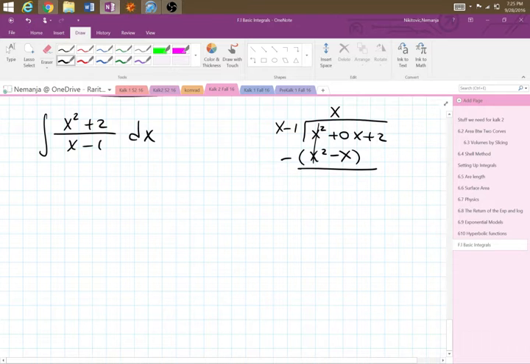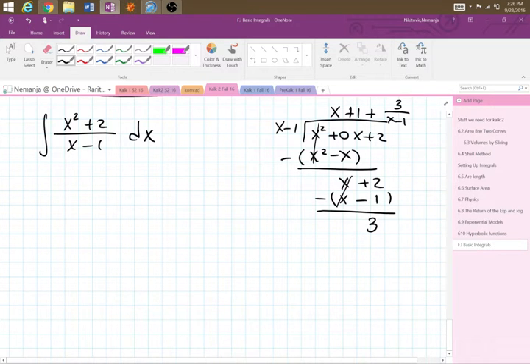So we have x plus 2 over here, because 0x minus and minus gives me plus, so 0x plus 1x is 1x. And then we drop down plus 2. X goes into x plus 1. Multiply it through. We get x minus 1. Again, subtract. These guys die. 2 plus 1 is 3. So plus the remainder of 3 over x minus 1.